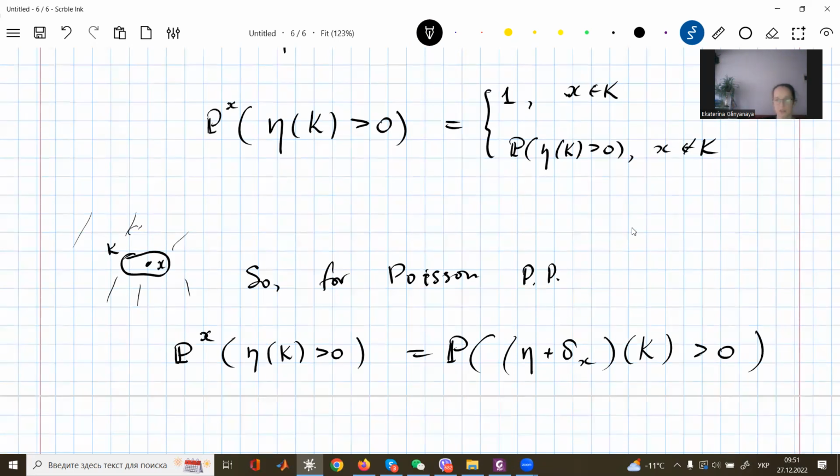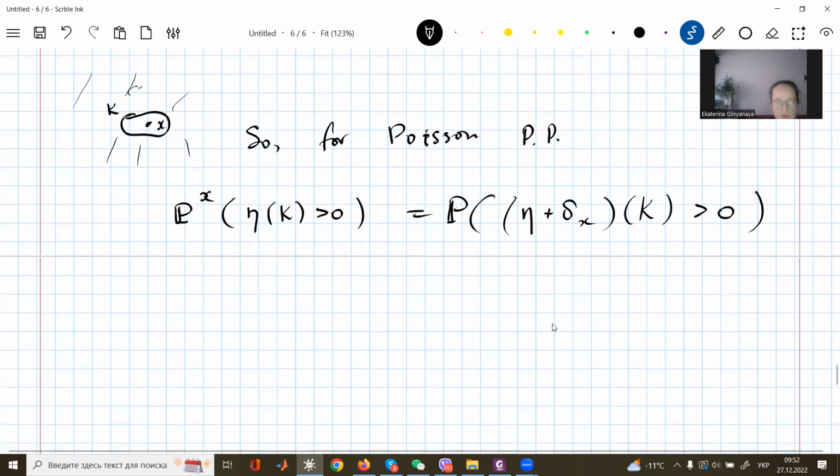So this is exactly what we get here. And this is the characteristic property of a Poisson process. And in order to summarize what we did today, I will formulate the Campbell-Mecke formula using the Palm distribution. I will write it.